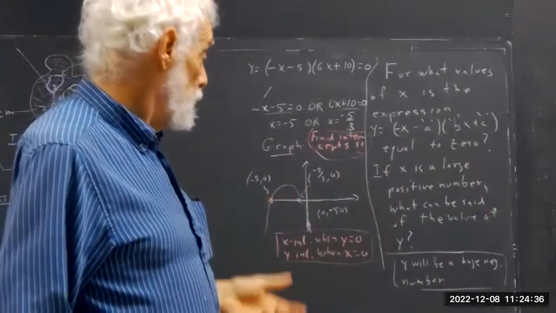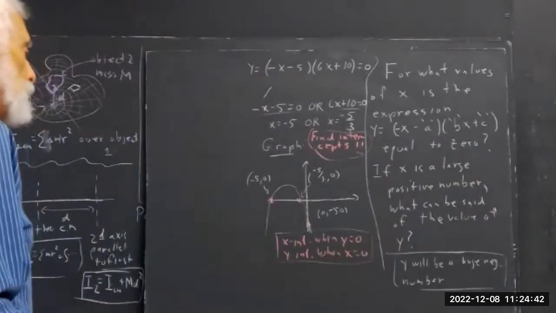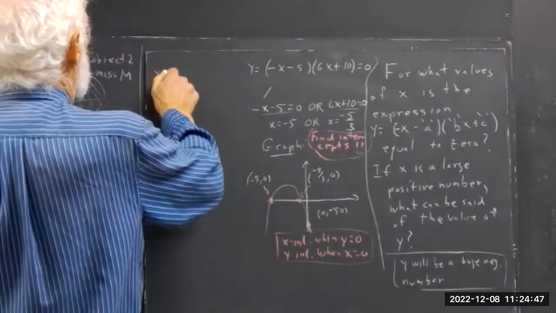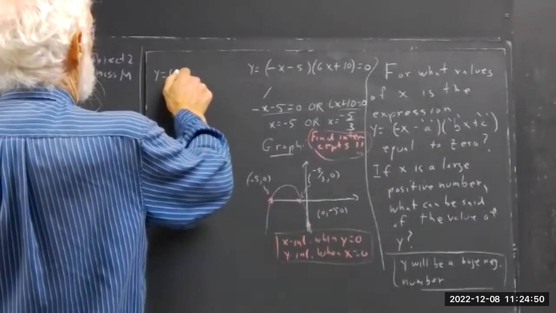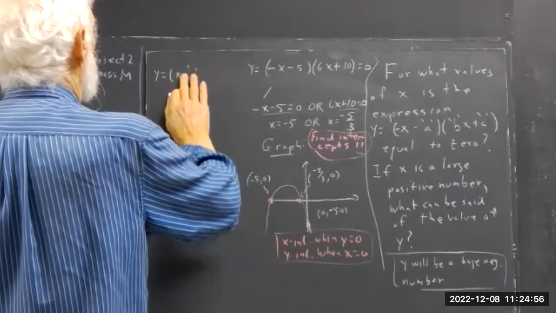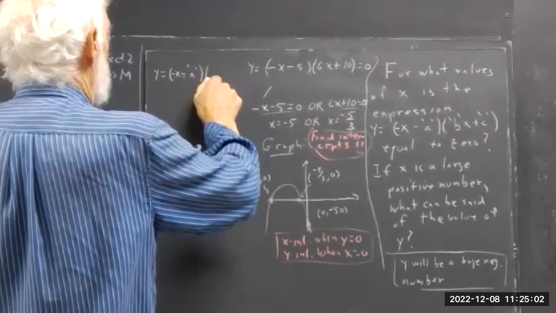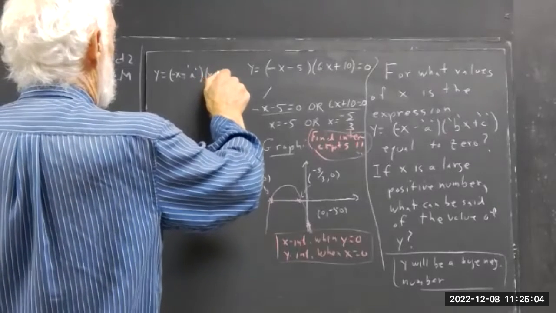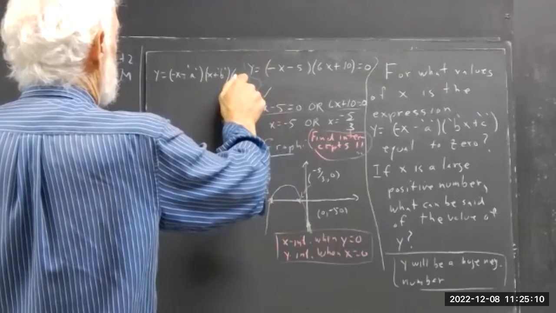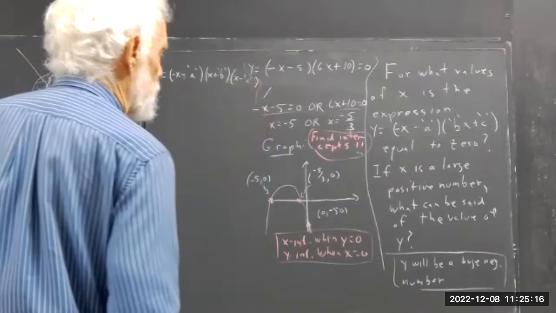Now, these are the principles you need to graph polynomials. Okay, well, let's ask what if the function is negative x minus a, times x plus b, times x minus c.